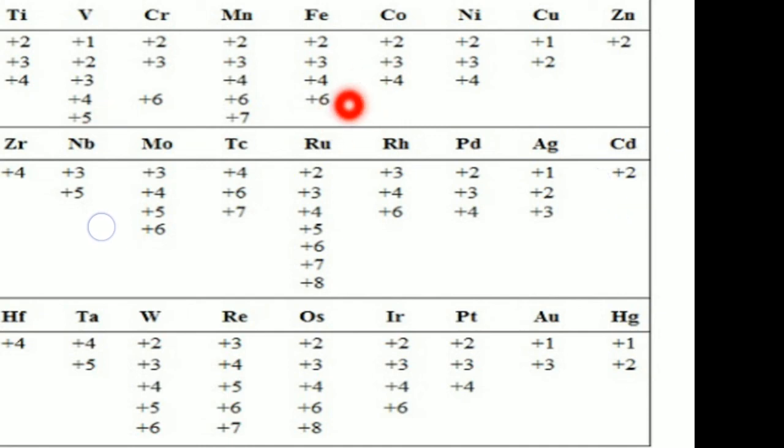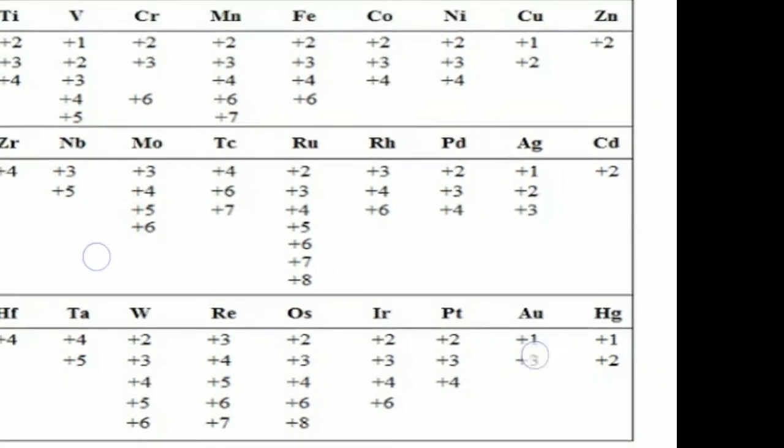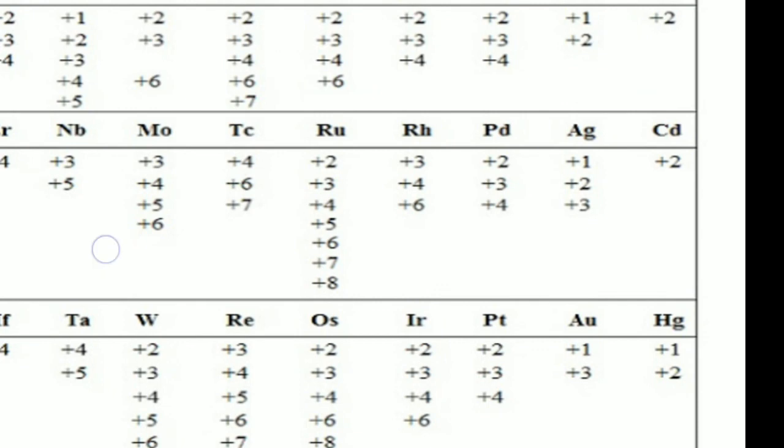Cadmium is restricted to only the +2 oxidation state. Gold has +1 and +3. These oxidation states are very important while discussing the reactions of these elements. Mercury has only +1 and +2 oxidation states.